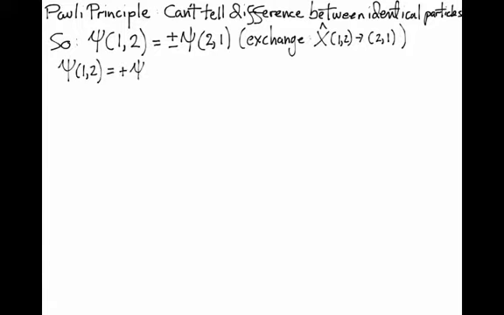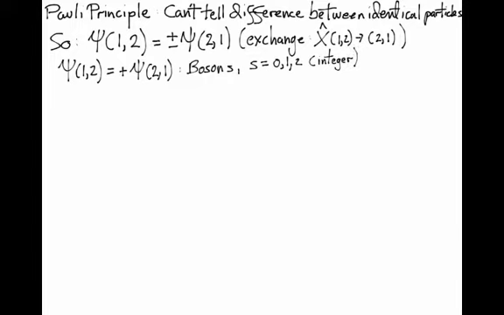So if psi 1, 2 is equal to plus psi 2, 1, we call those guys bosons. And the bosons are one class of objects. And they have, it turns out, integer spins.